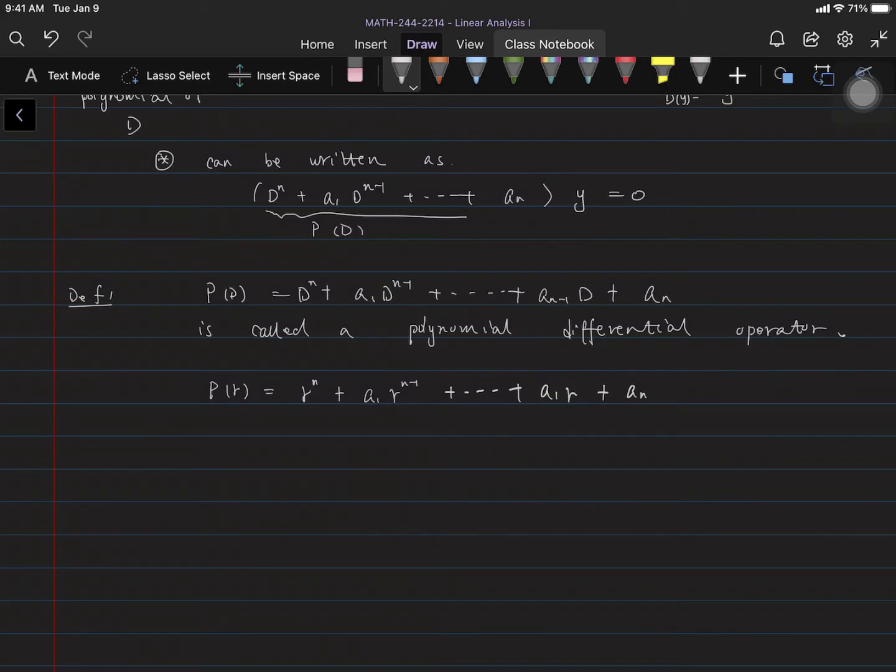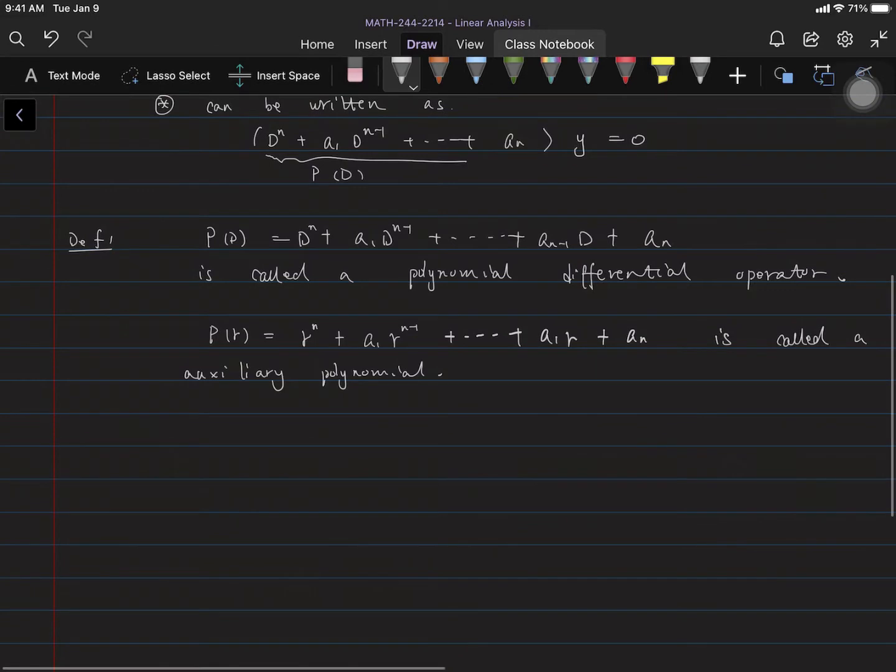This is called the auxiliary polynomial. And if we make P(r) equal 0, then we get an equation.